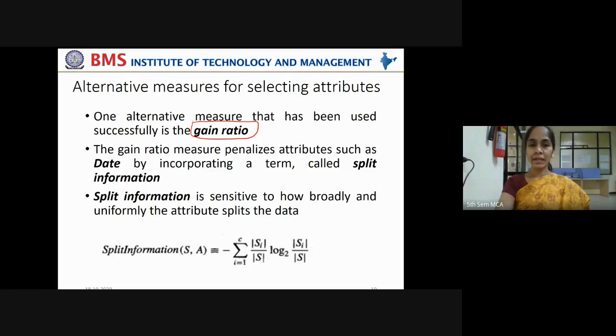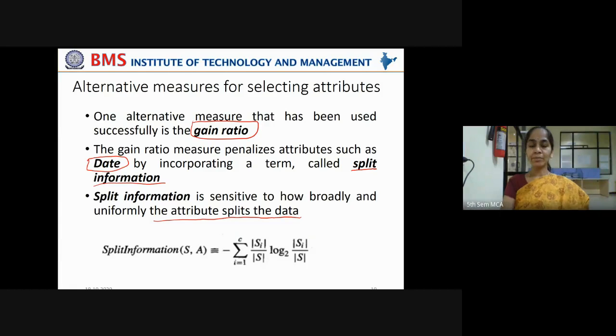The gain ratio measure penalizes attributes such as date by incorporating a term called split information. Now what is the split information? It is sensitive to how broadly and uniformly the attribute splits the data.